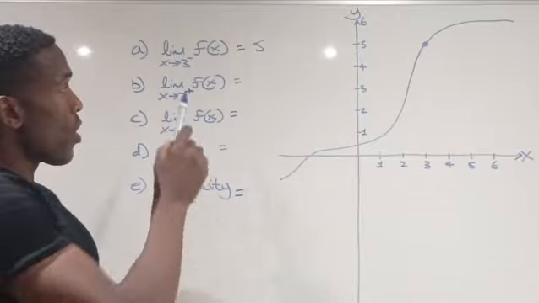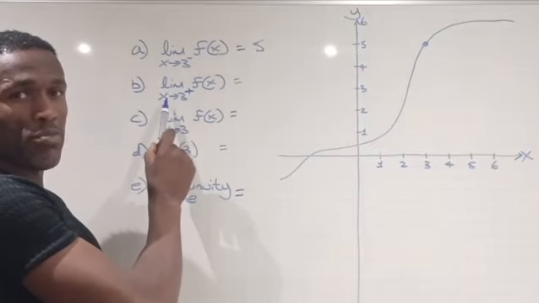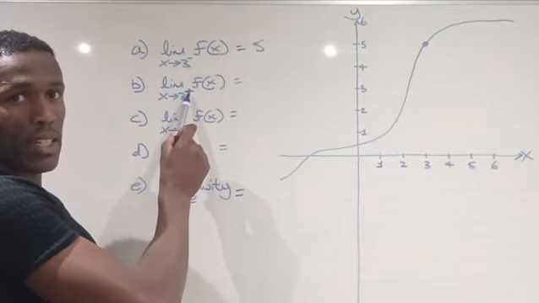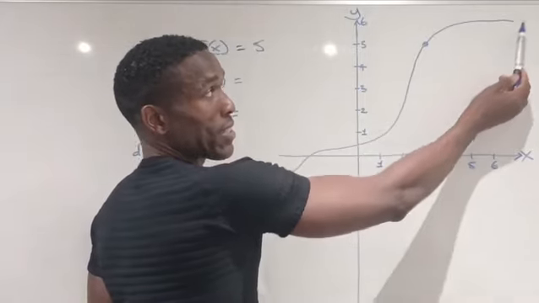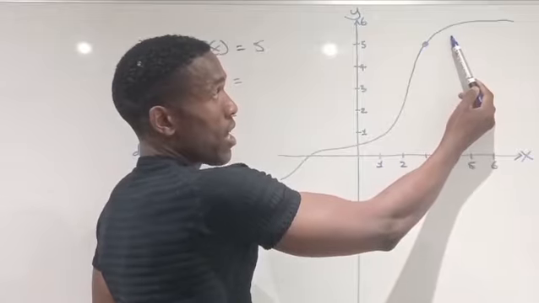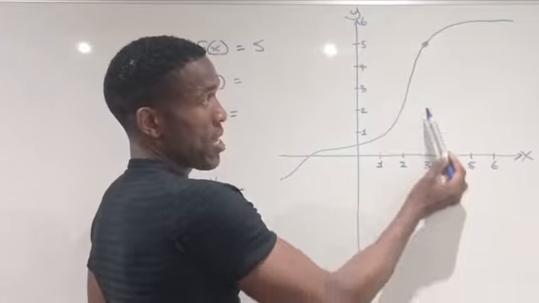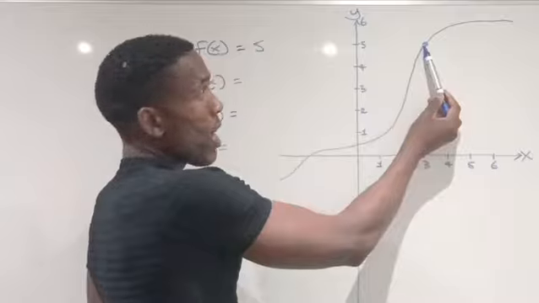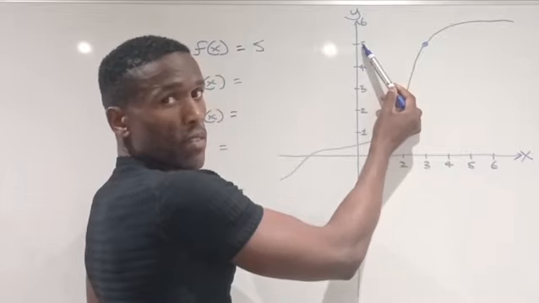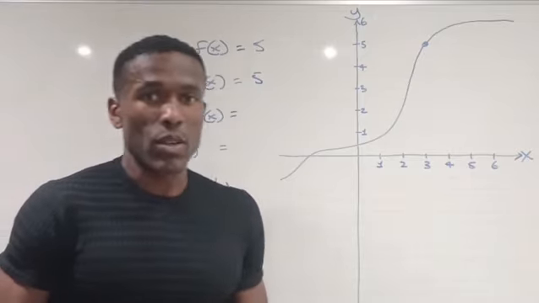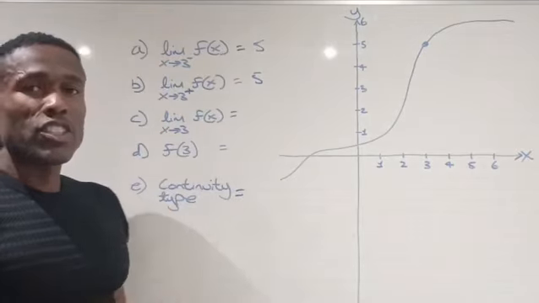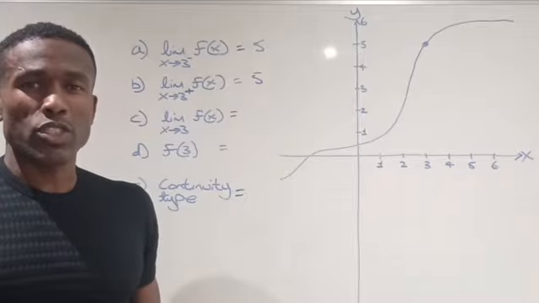Next question. What's the function's limit as x approaches 3 from the right-hand side? So in this case, we'll trace the function from the right-hand side until x equals 3, and we'll see that the corresponding y value is also 5. Now, what's the function's overall limit when x equals 3?